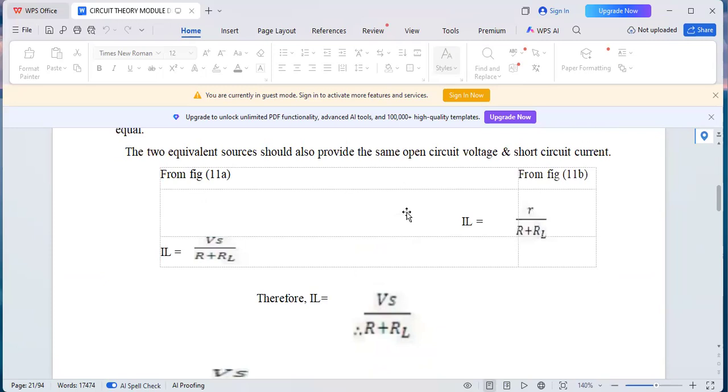The reason being that the R here is automatically part of the Vs. You remember, we said in a practical view, you will see that we have internal resistance, which will be added to the source voltage.